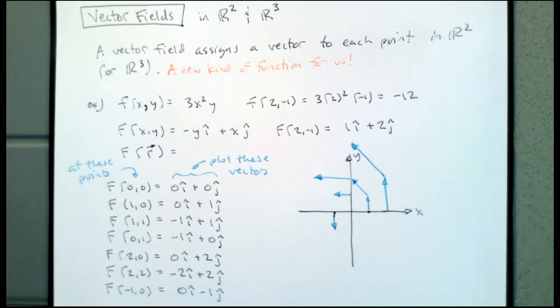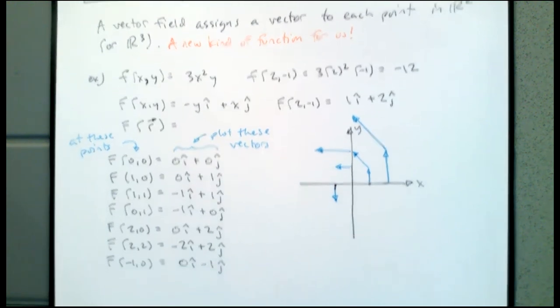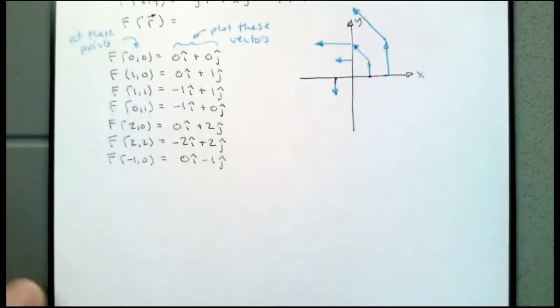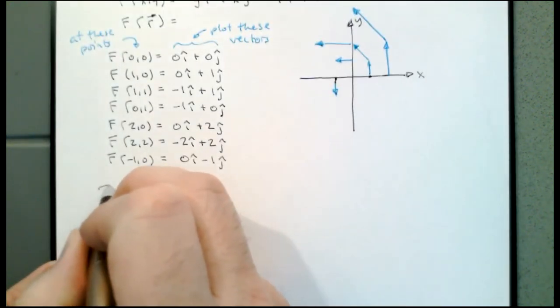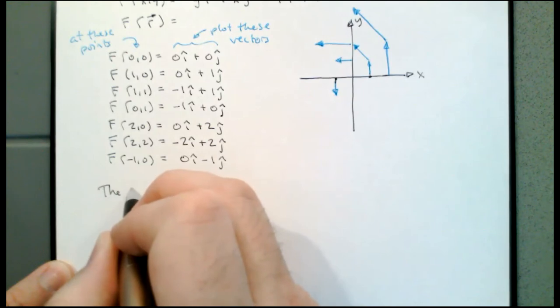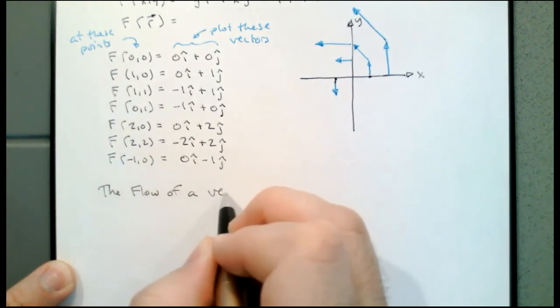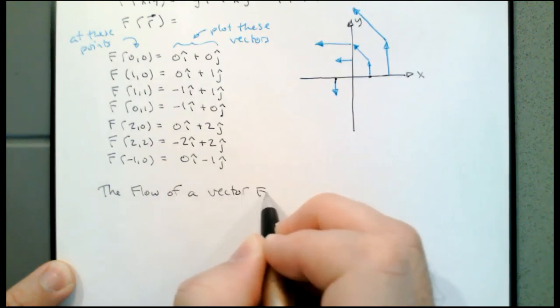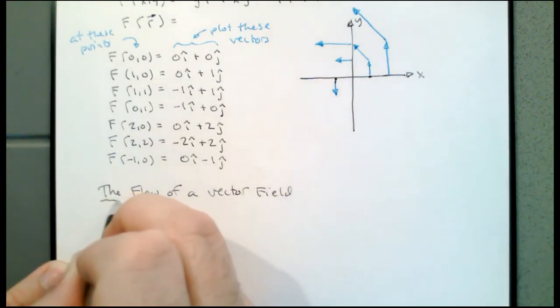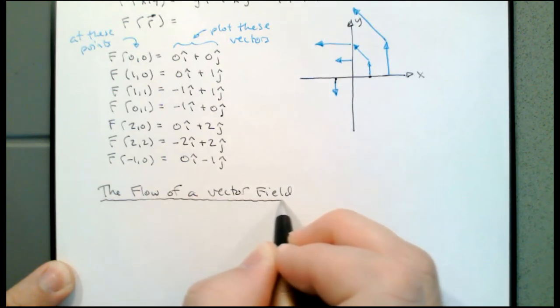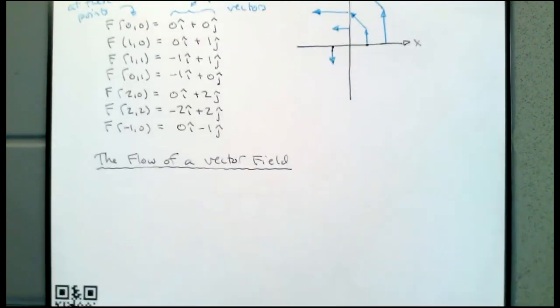And then the other thing that we want to think about is what is the flow of the vector field? So at each point we have a vector assigning a direction.